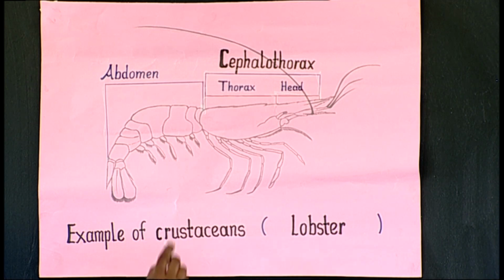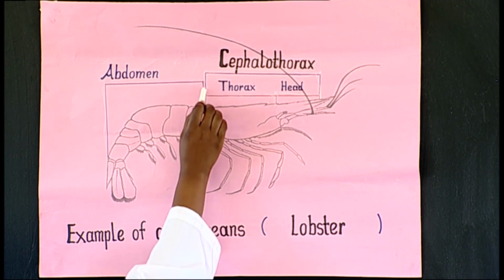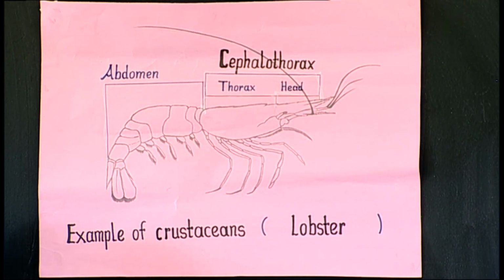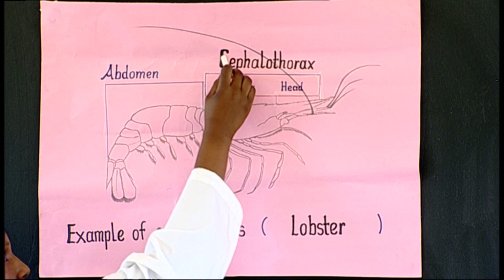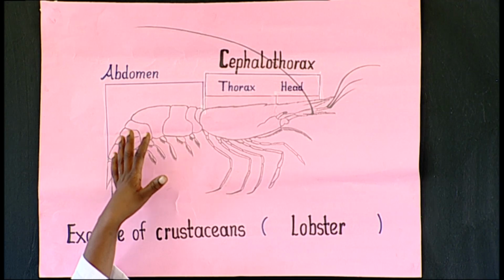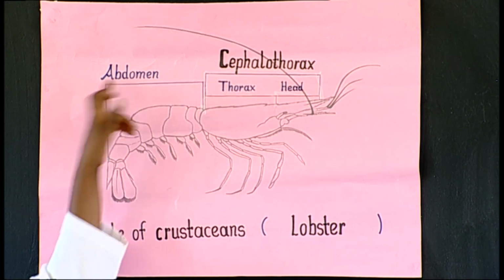Then I drew a big line from here, joining the two, and that one I call cephalothorax, meaning that the head and thorax are fused together. You can't easily tell where exactly one separates from the other, as in an insect, where you easily see this is the head, this is the thorax, this is the abdomen. Hope that is clear. So it has two body parts, the cephalothorax and the abdomen.